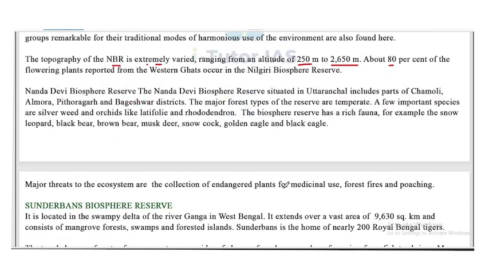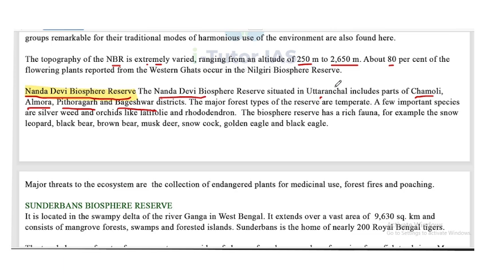Next one is the Nanda Devi Biosphere Reserve. The Nanda Devi Biosphere Reserve is situated in Uttarakhand, including parts of Chamoli, Almora, Pithoragarh, and Bageshwar districts.